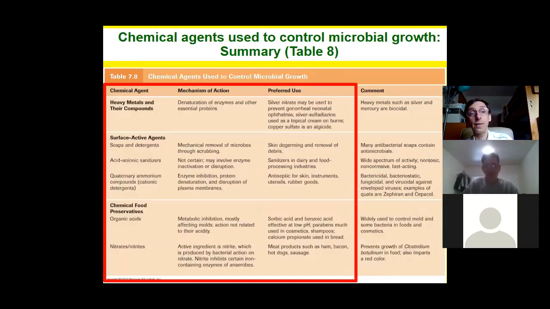Heavy metals and their compounds are used to denature enzymes and other essential proteins. They once were used frequently, and their use is starting to come back, like silver nitrate used to be used to prevent gonorrhea infections in the eyes of neonates, meaning ophthalmia. Sulfur or sulfamide used as topical creams and burns. Copper sulfate is still used today as an algicide.